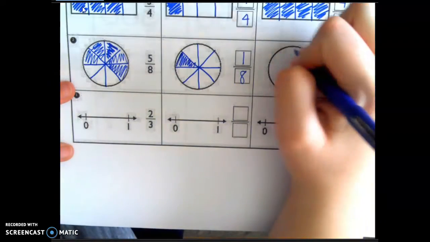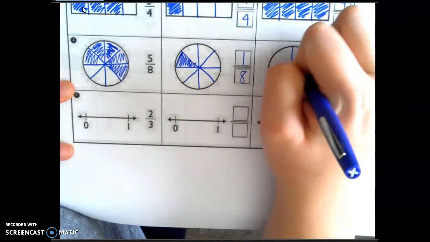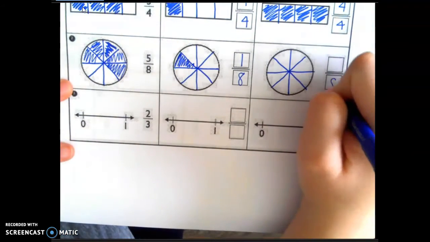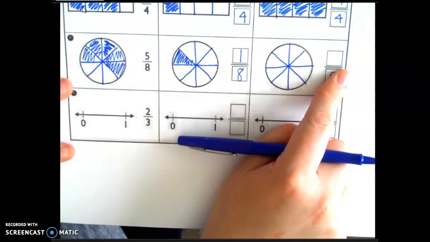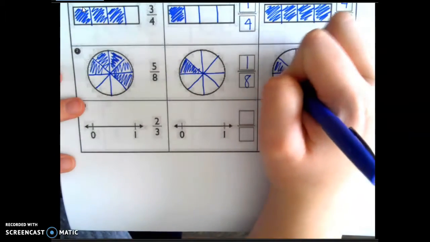And then my whole. My whole, so my denominator is 8. Here are my 8 pieces. And if I want to represent the whole thing, I would be shading 8 of them.